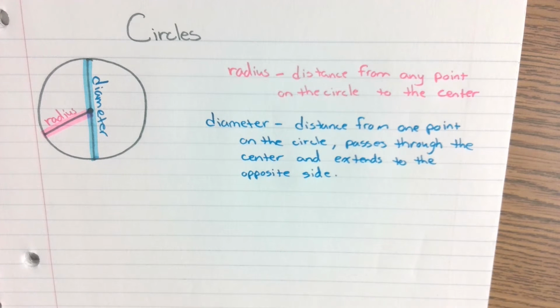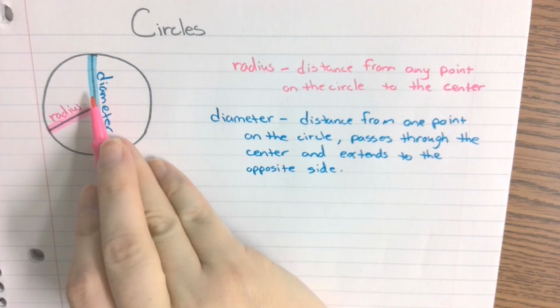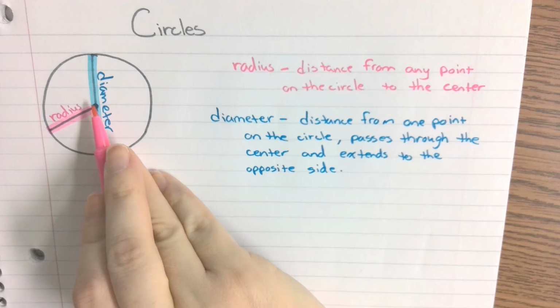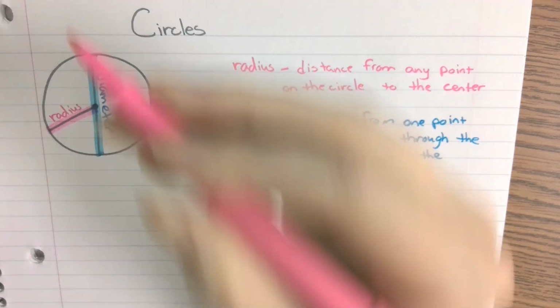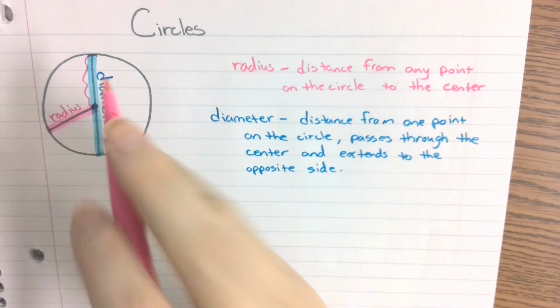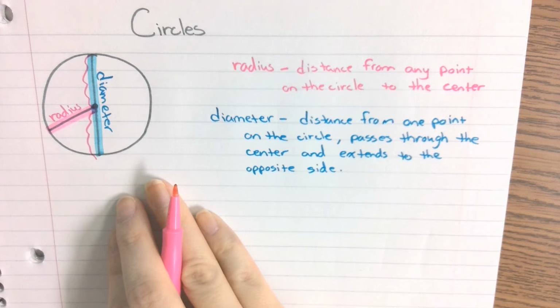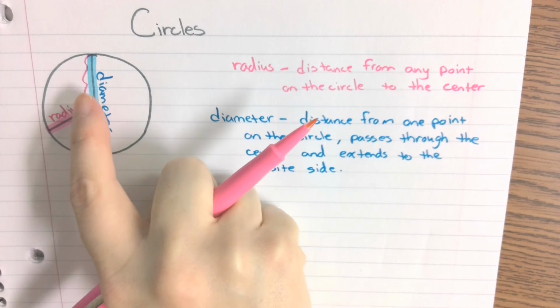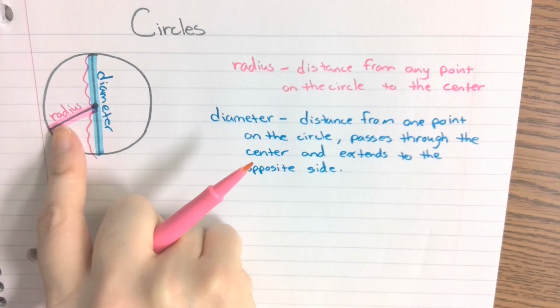Now, something that's really important for you to notice, if I start at any point and go to the center, that's first called the radius. So we technically have a radii located here and here. We have multiple radii that extend all throughout the circle.